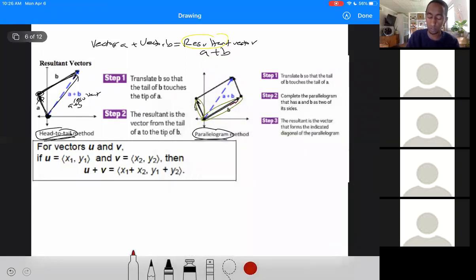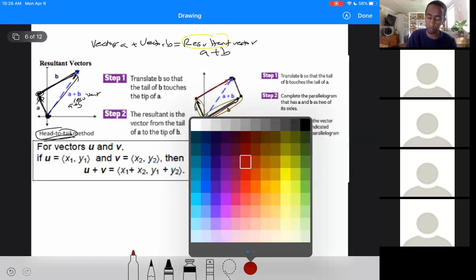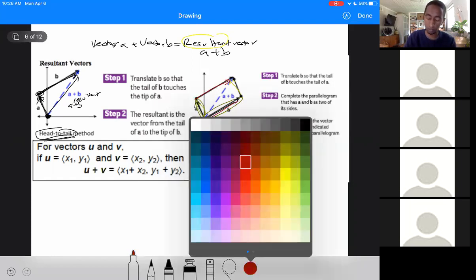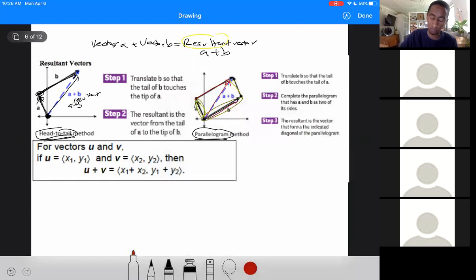So if this is B, a parallelogram means there would be another B on the opposite side, so that's parallel. And then vector A that we have here, we would draw that parallel on the opposite side. And then you create a parallelogram, and the resultant is the diagonal of that parallelogram. So this is A plus B.